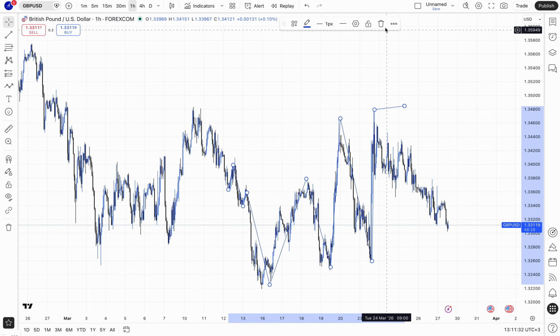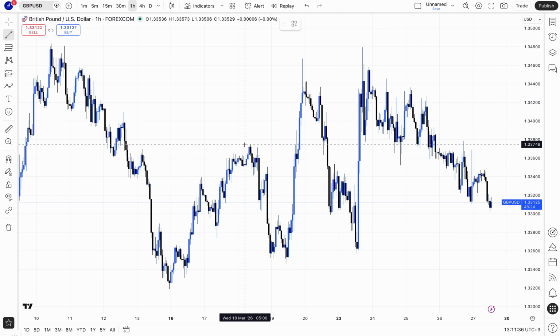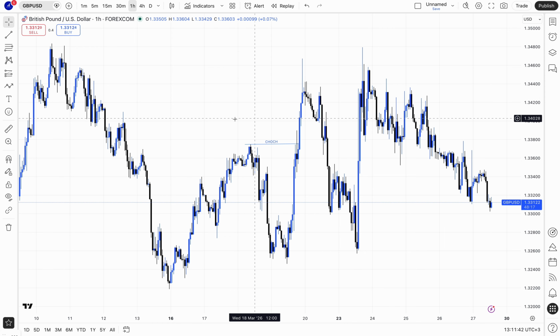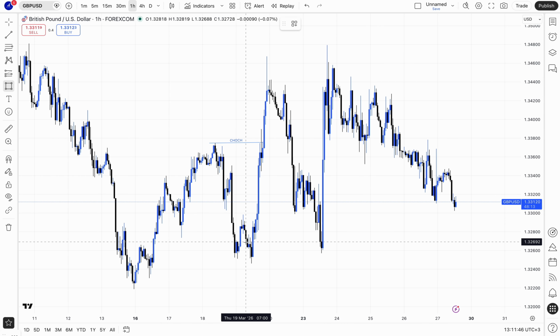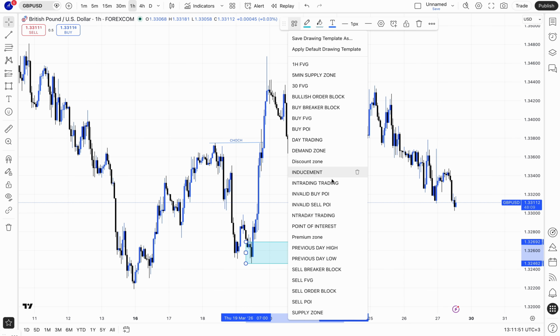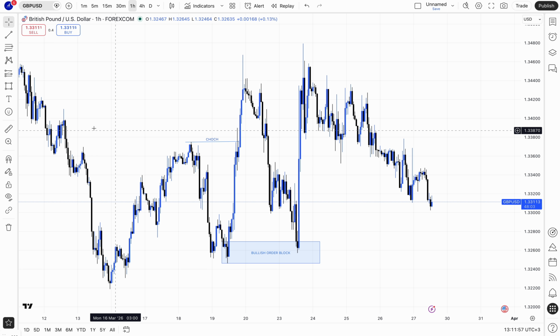That means this was our last break of structure to the upside, and it was a change of character. Then price came, tapped in here and respected this order block cleanly. You can clearly see it here. And then the price is melting back.